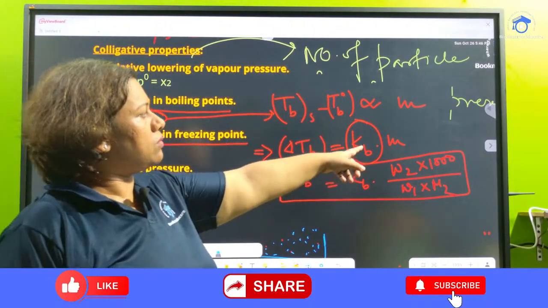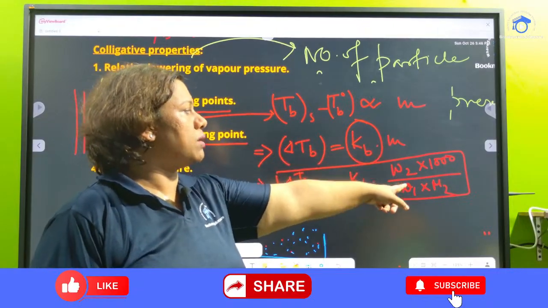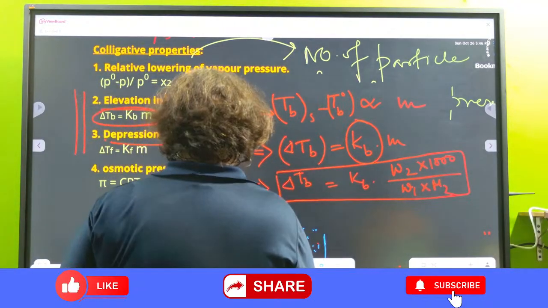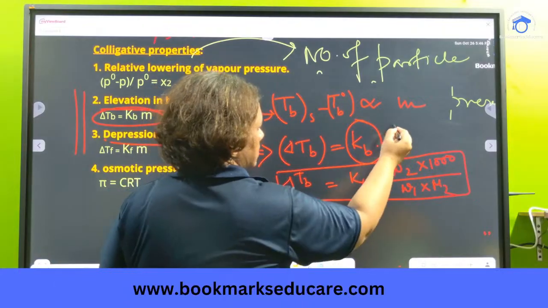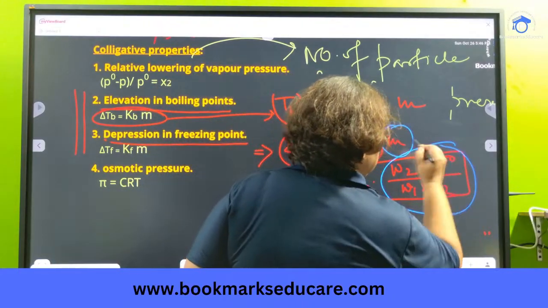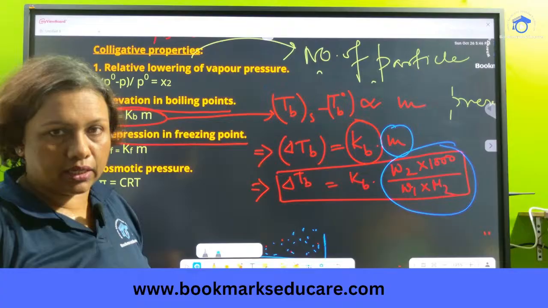This is when we are doing further simplification of the molality to this. Okay, molality to this. This is molality and this is the simplification form of molality.